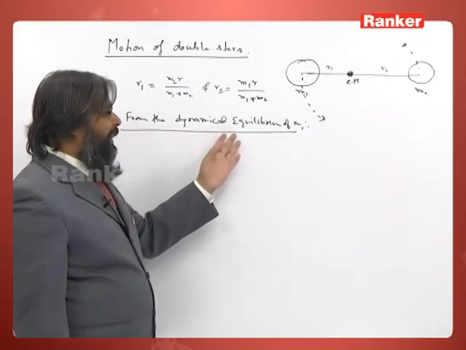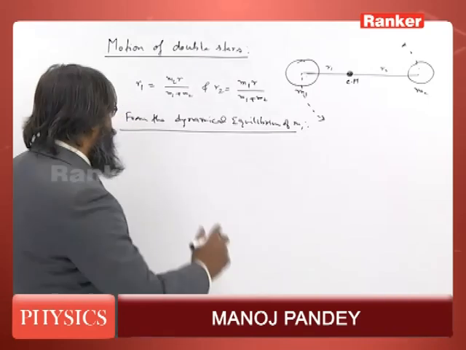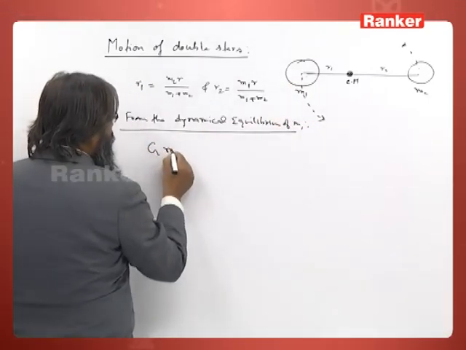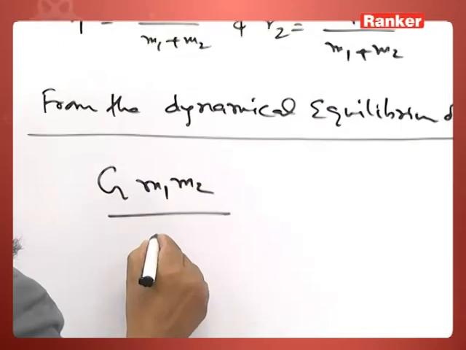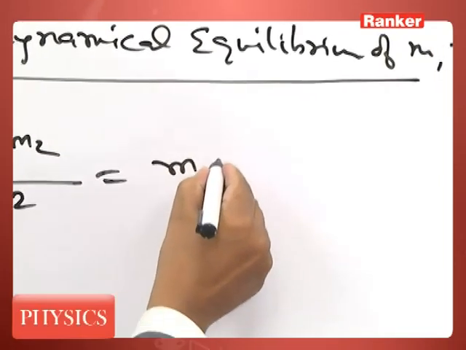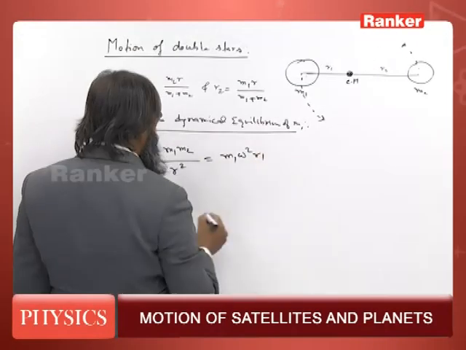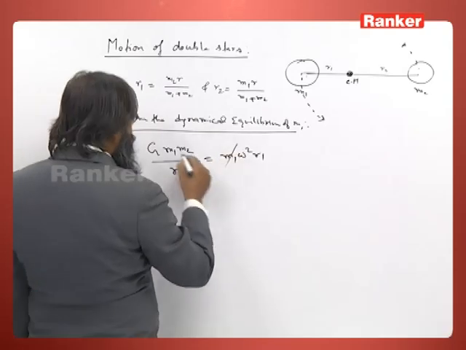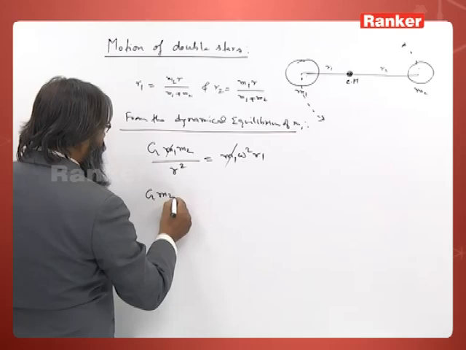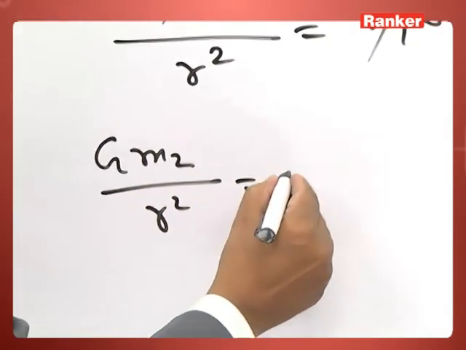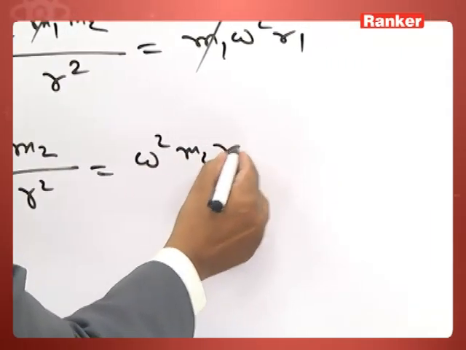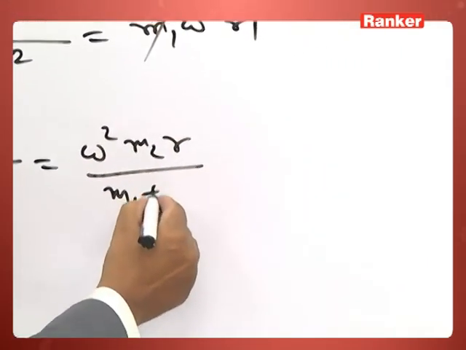From the dynamical equilibrium of m1, we have on m1 a force G m1 m2 by r square, that is equal to m1 omega square r1. Substituting r1, we get G m2 by r square equal to omega square times m2 r by m1 plus m2.